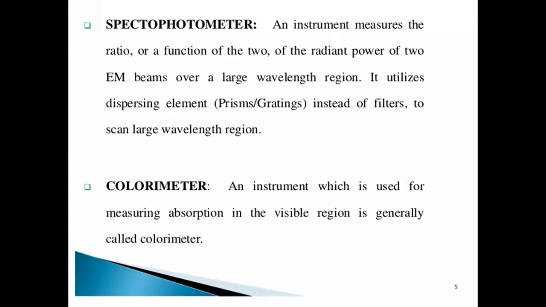Whereas the second one, the spectrophotometer, measures the ratio, that is, standard versus the sample. It measures the ratio or function of the radiant power of two electromagnetic beams over a large wavelength region.